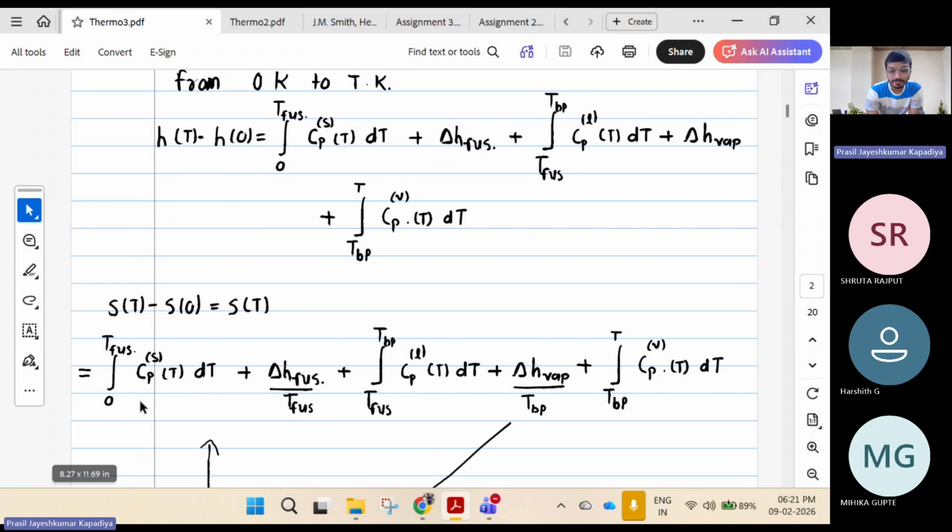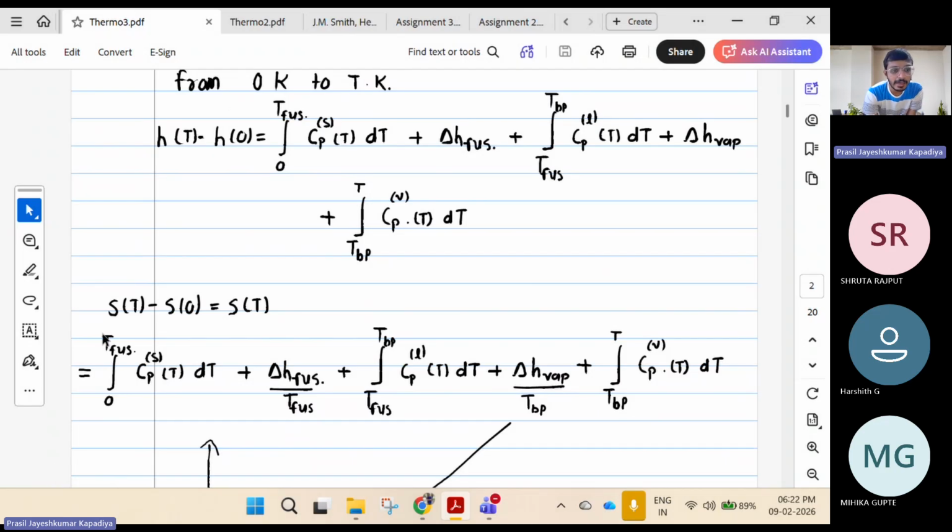So it is just Cp by T. Okay, here it should be T, I'm sorry, I forgot to write it. Cp by T dT. Similarly, delta H fusion by T fusion will be added. Then again, T fusion to T boiling, we need to go Cp by T dT. Then delta H vaporization by T boiling point. Then again, T boiling point to any temperature T, Cp by T dT.